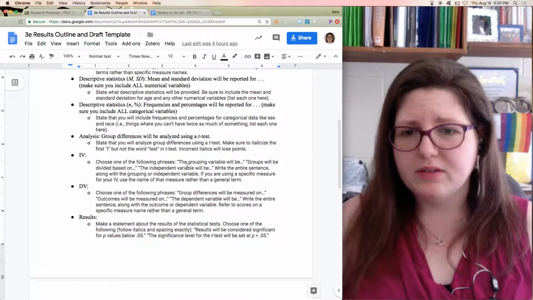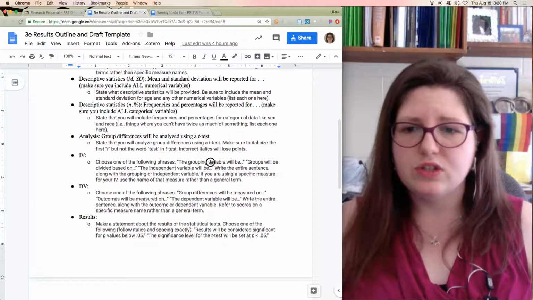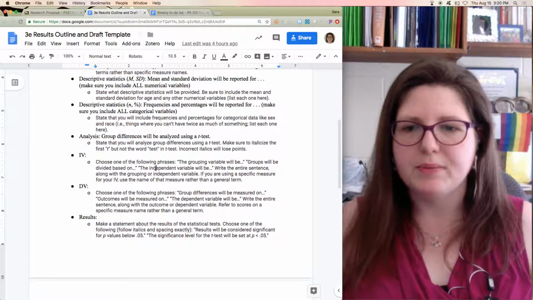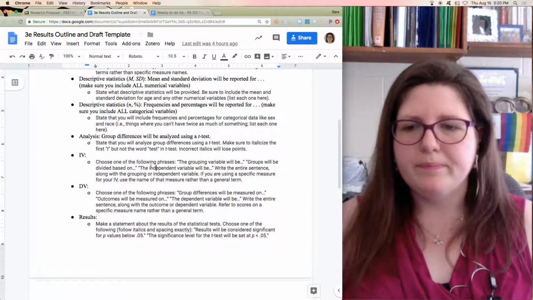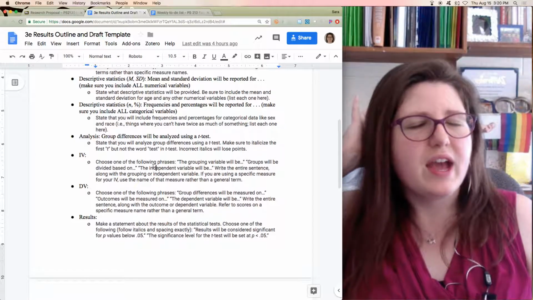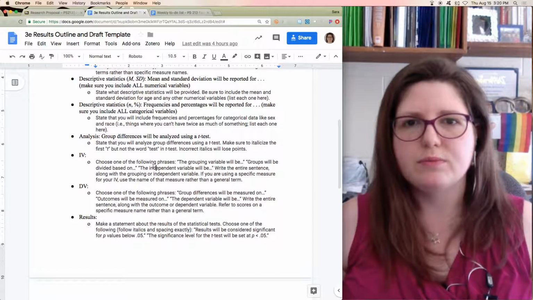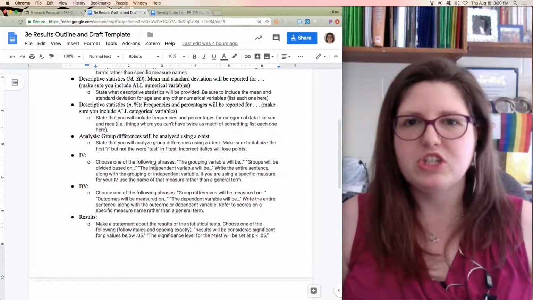Independent variable, that's the predictor variable, and you can choose one of these wordings. So the grouping variable will be, or groups will be divided based on, or the independent variable will be. You can even say the predictor variable. I'm okay with any of those. And then your independent variable is whatever you're dividing your groups on. So it could be a pre-existing factor like history of depression or no history of depression.